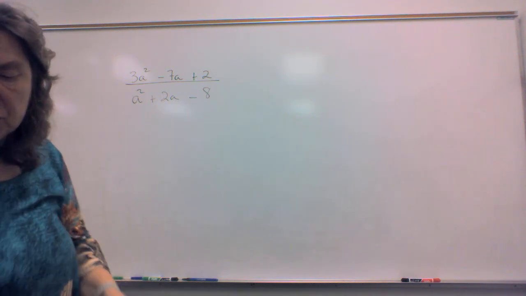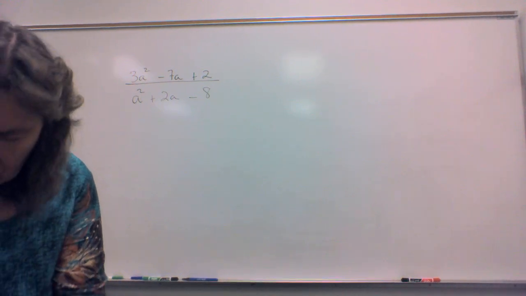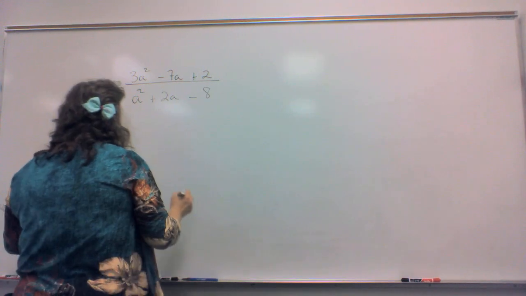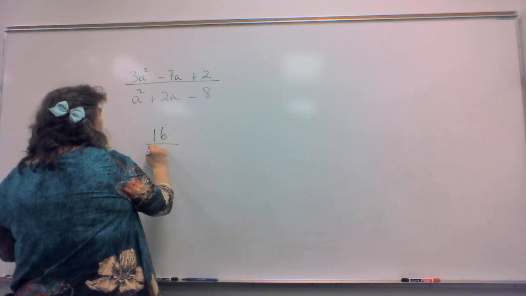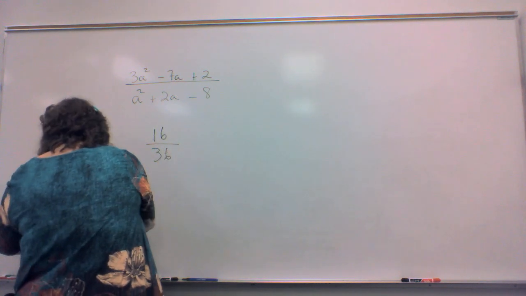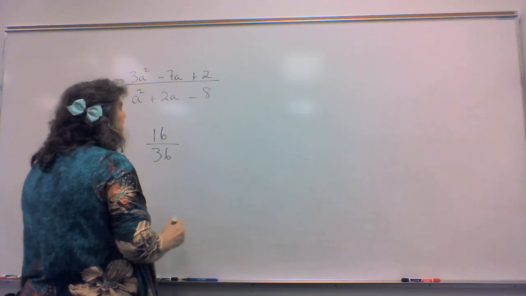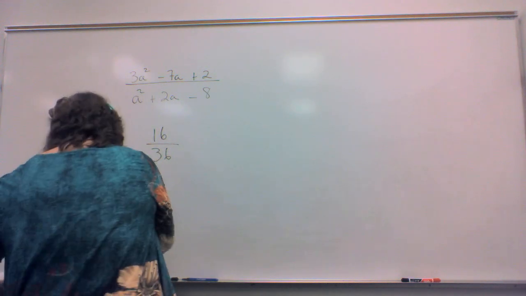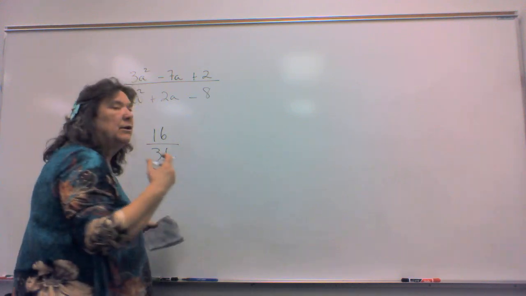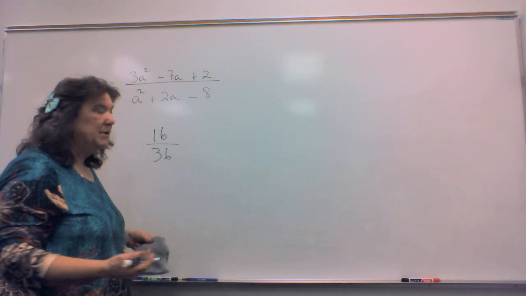So, how do we simplify those? Well, first of all, let's look at numbers, fractional numbers, such as 16 over 36. We can simplify this the way you've always simplified it, simply by dividing by 2 or some other common factor.